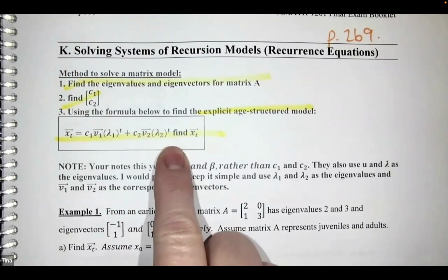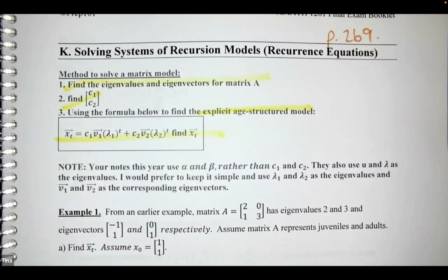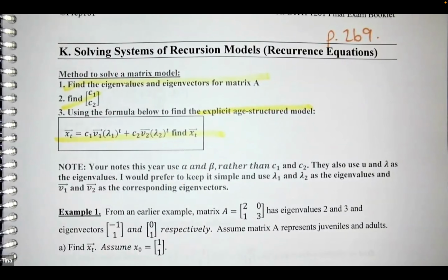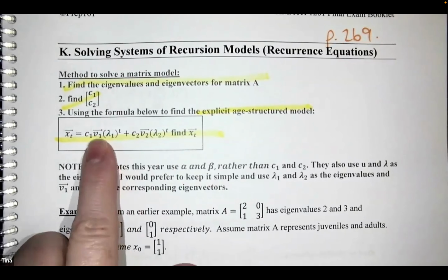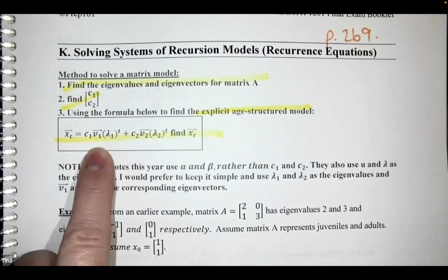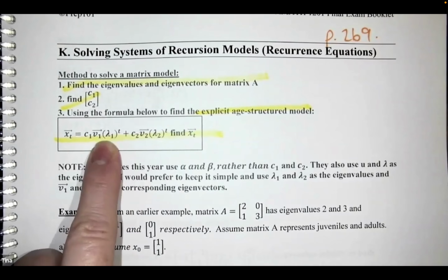Now they use lambda for one and u for the other, which drives me crazy. I would rather keep with how they've always done it, which is everything's a 1 for this and everything's a 2 for this, rather than thinking about, okay, I've got to have a u and then I've got to have a lambda. So lambda 1 is eigenvalue 1, V1 is the vector for eigenvalue 1, and C1 is the constant, right?